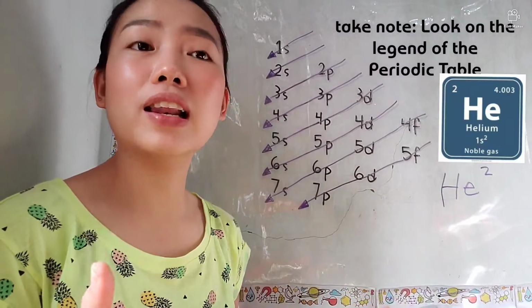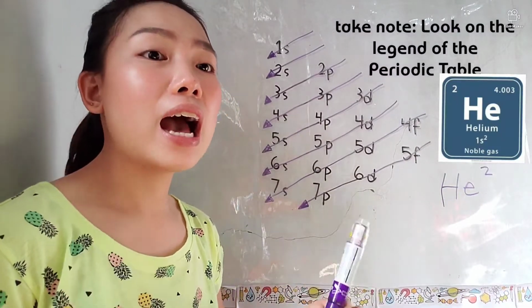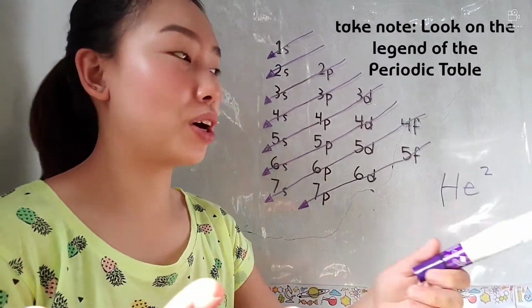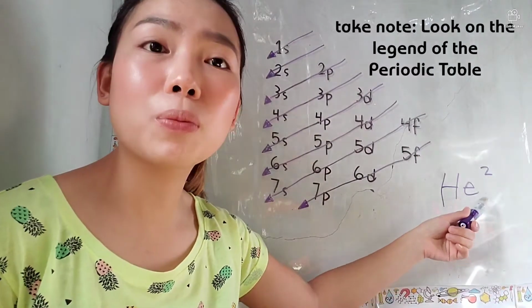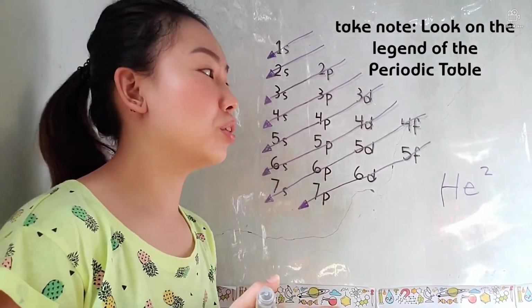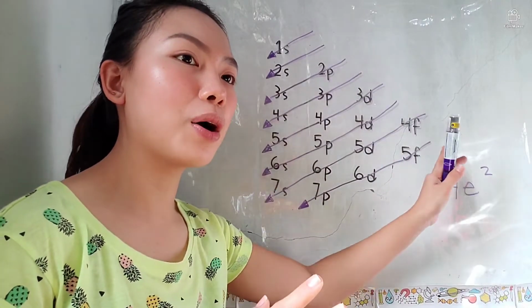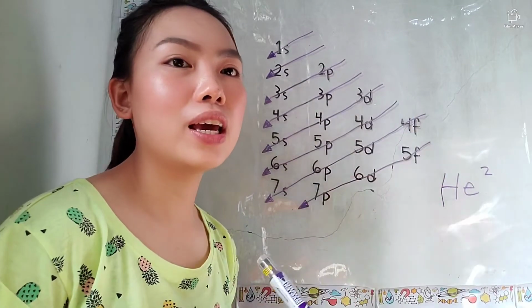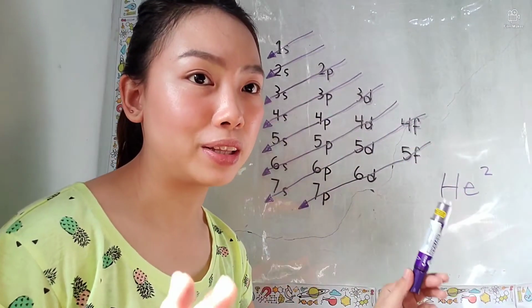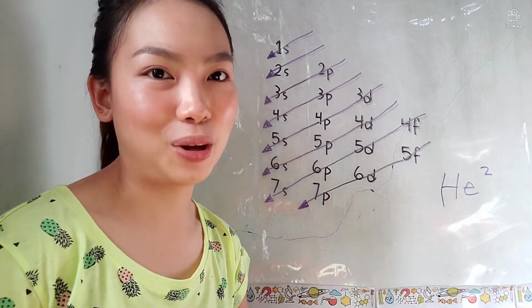Siyempre, may kanya-kanyang legend ang periodic table, at dun ka titingin sa legend ng periodic table na hawak mo. Kasi pwedeng mabago yung position, but mostly the position of the atomic number would be found on the upper right of the element. Basta yung pagkakasunod-sunod ng number ng element is also the atomic number.